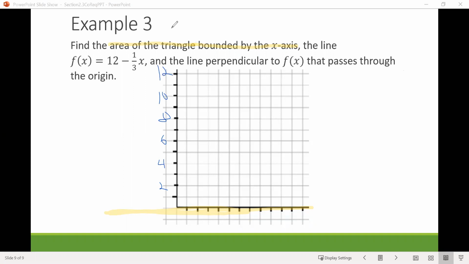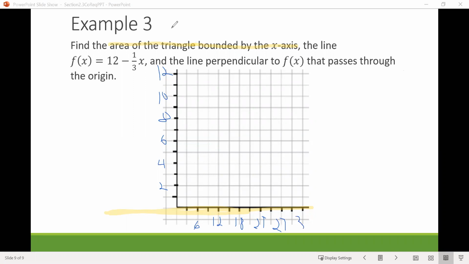And along the bottom, because I know how this problem works, I'm going to count by threes: 3, 6, 9, 12, 15, 18, 21, 24, 27, 30, 33, 36.